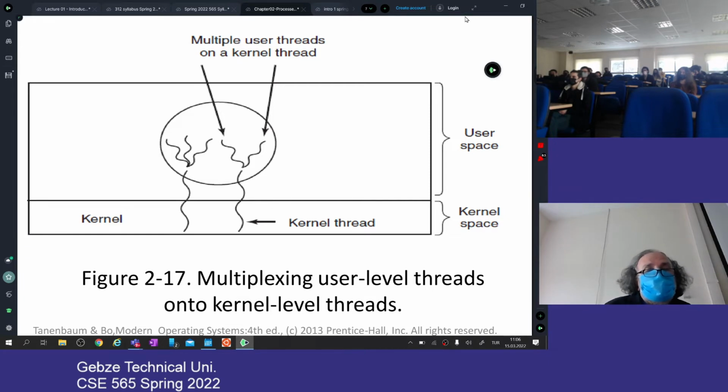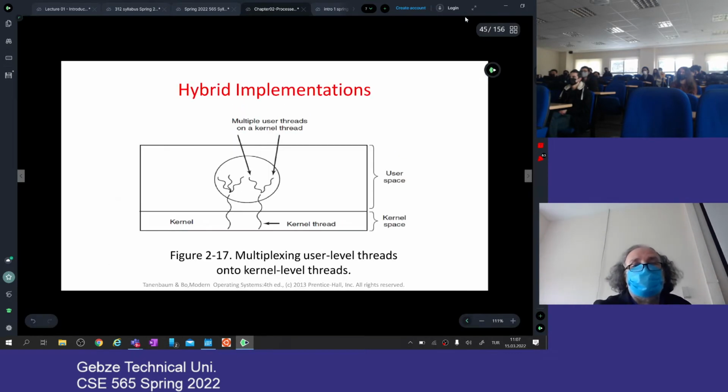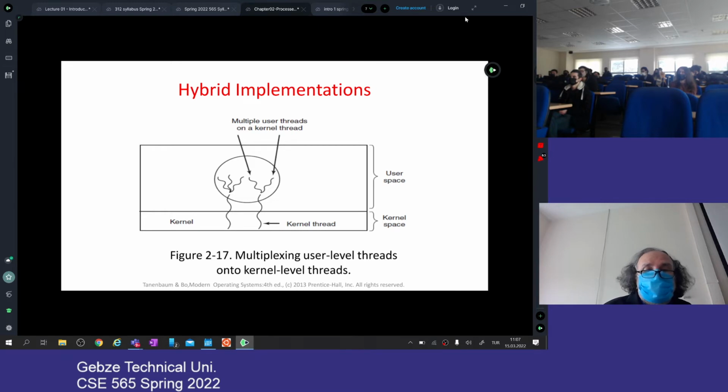But since I am not overloading the kernel with 5 threads, I am using the advantage of user level threads too. This is called a hybrid implementation of threads between the kernel level threads and the user level threads.